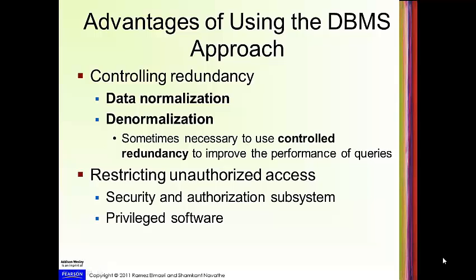Some further examples of advantages that are gained by using a DBMS include the ability to control redundancy of data. As mentioned before, redundancy of data can be a challenging thing. That means that we're duplicating data in multiple places in a database. And we want to be able to control that, because if we don't control that, there could be issues maintaining data integrity through anomalies that could be created.